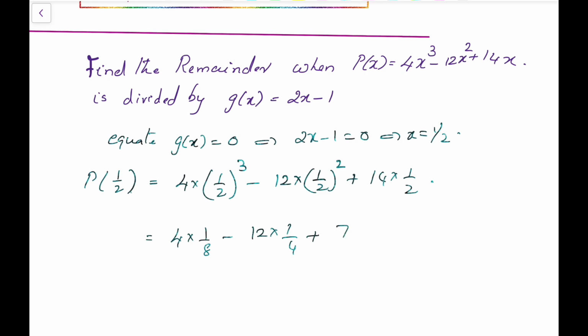So this is equal to 1 by 2 minus 3 plus 7.